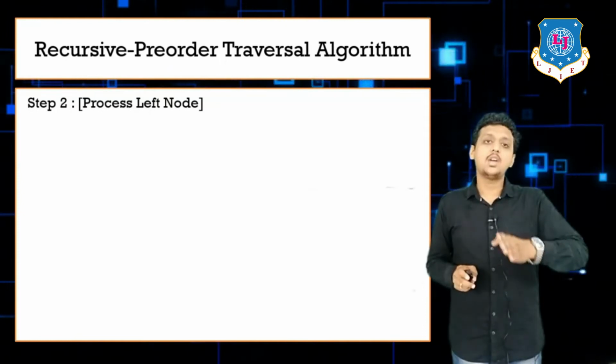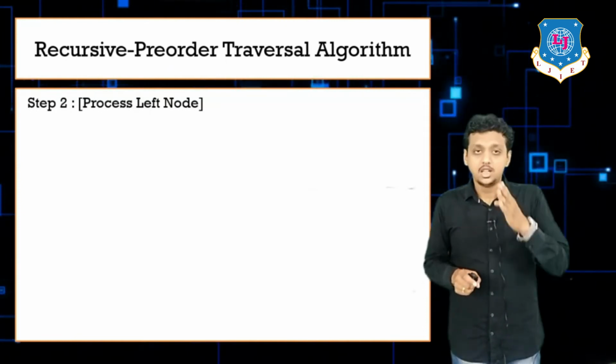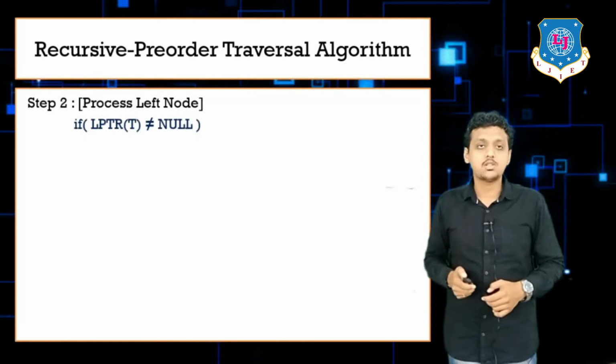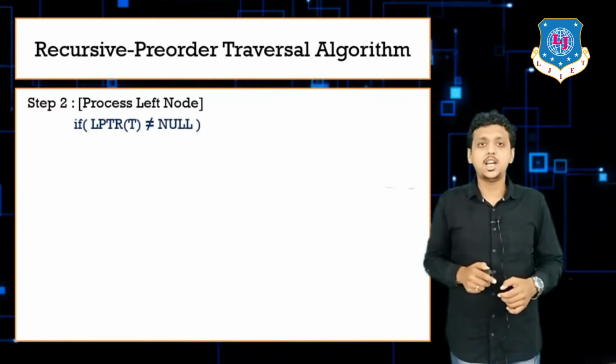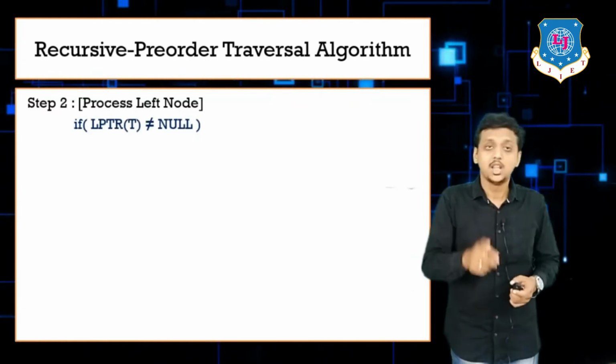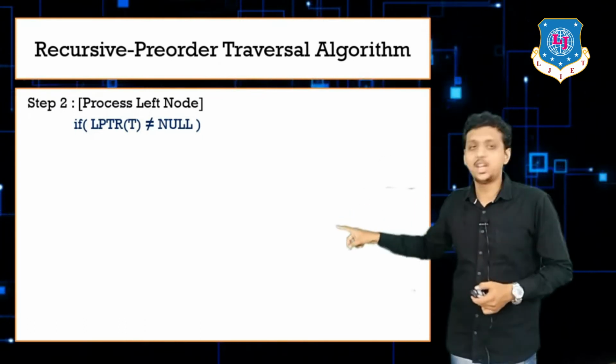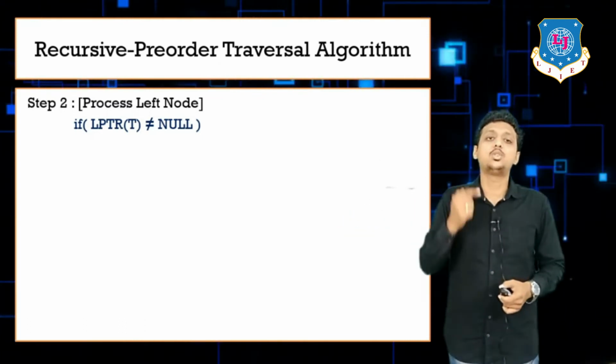As you have already checked for the tree, here you need to check the left pointer also. If LPTR of T is pointing to null, that means there is no node on the left side, and you can move directly to the next step.